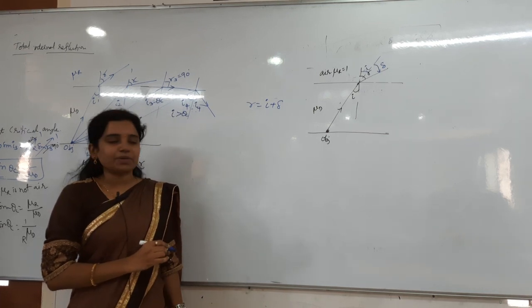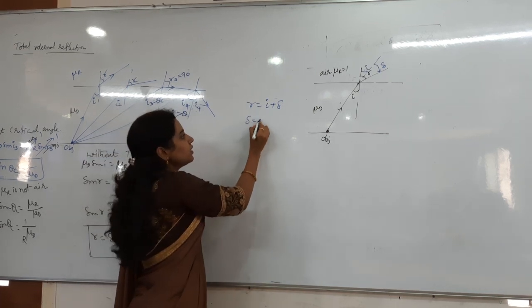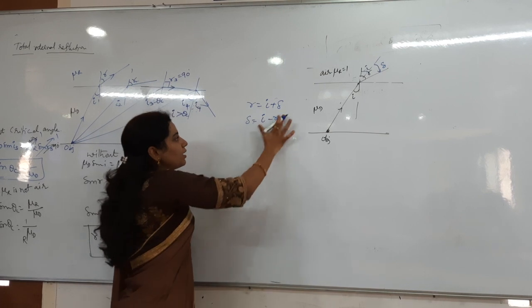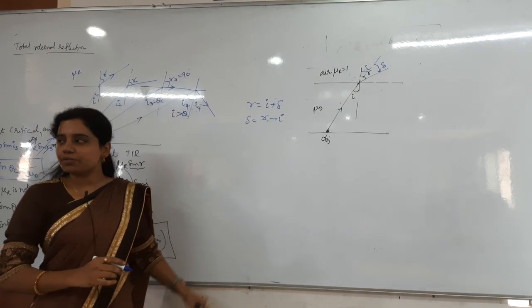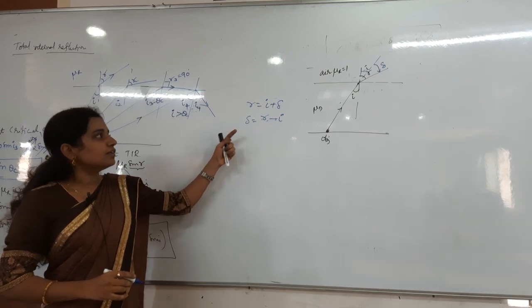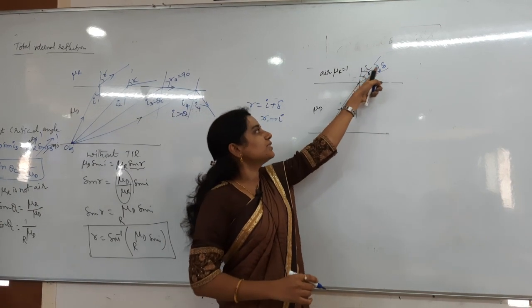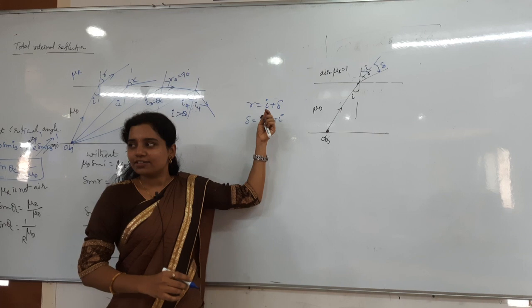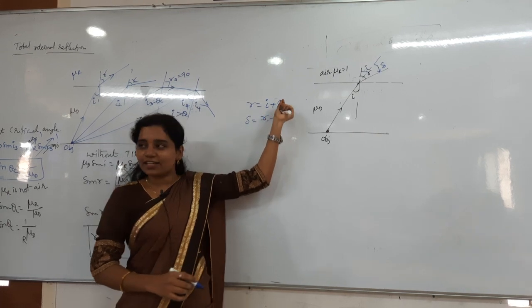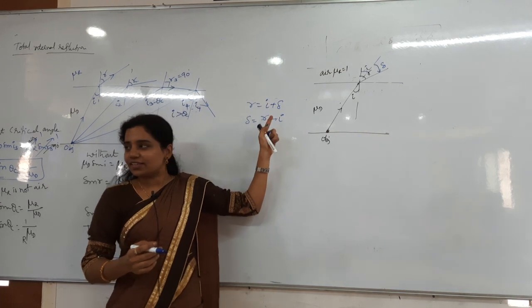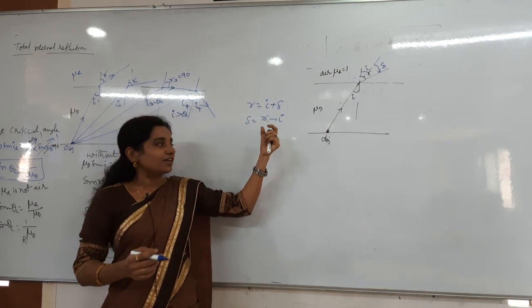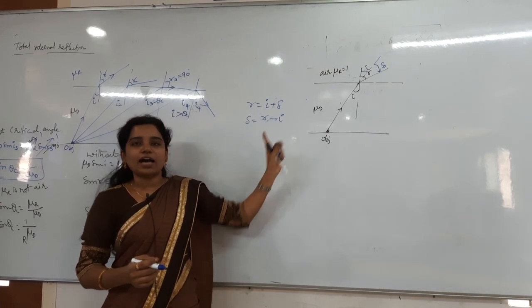Then delta is equal to R minus I. You people disturbed me, right? R is equal to I plus delta, that is what I have written here. What is the confusion there? So delta is equal to R minus I.